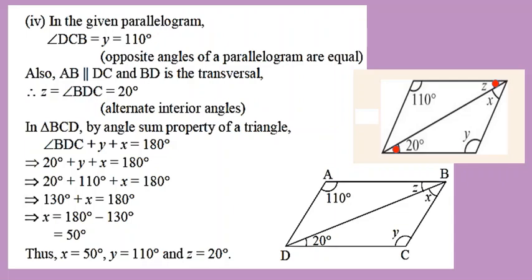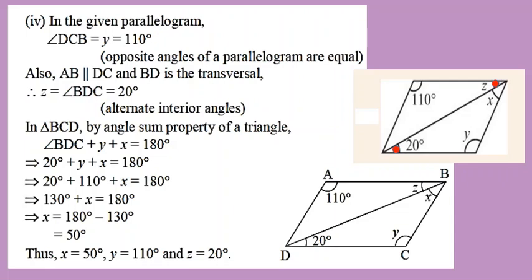They are equal. Reason is they are alternate interior. Is it very clear? ABD is equal to CDB. So they are both 20 degrees. Z is also 20 degree.